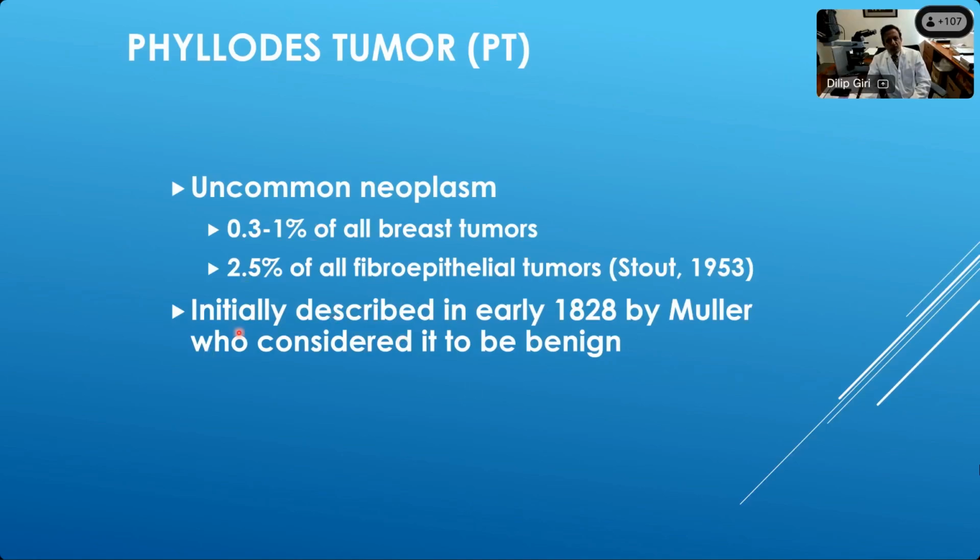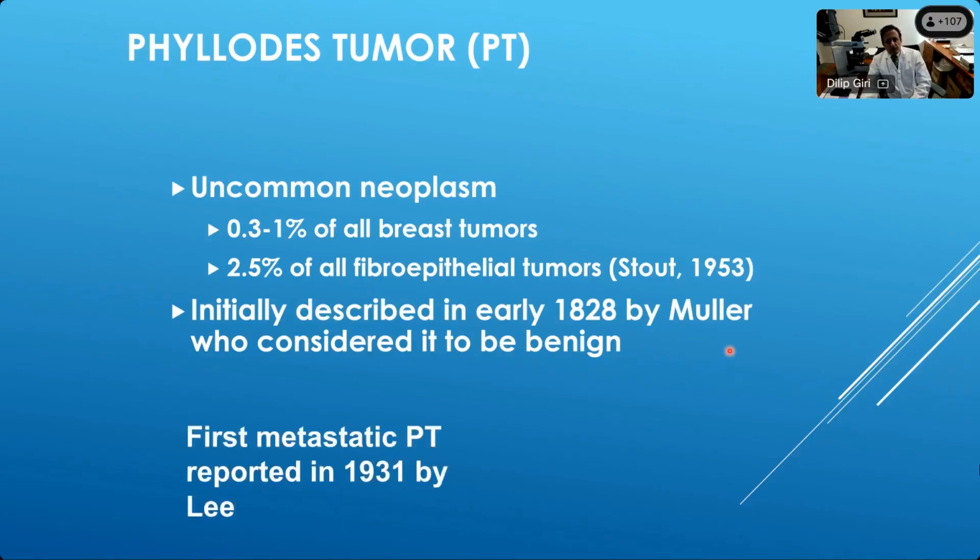Now, most of these are benign. Initially, this lesion was described in 1828 by a German pathologist, and he considered it to be a benign lesion. The fact that Phyllodes tumor is more likely to be benign is also highlighted by the fact that although this lesion was first described in 1828, the first metastatic Phyllodes tumor was only reported after 100 years.